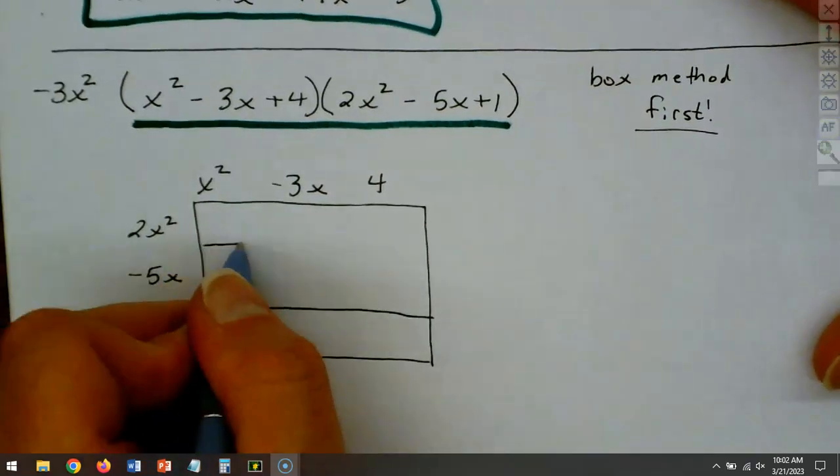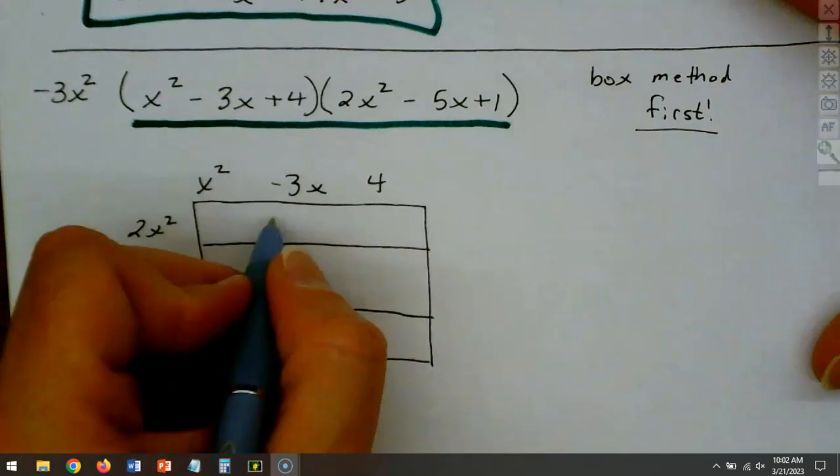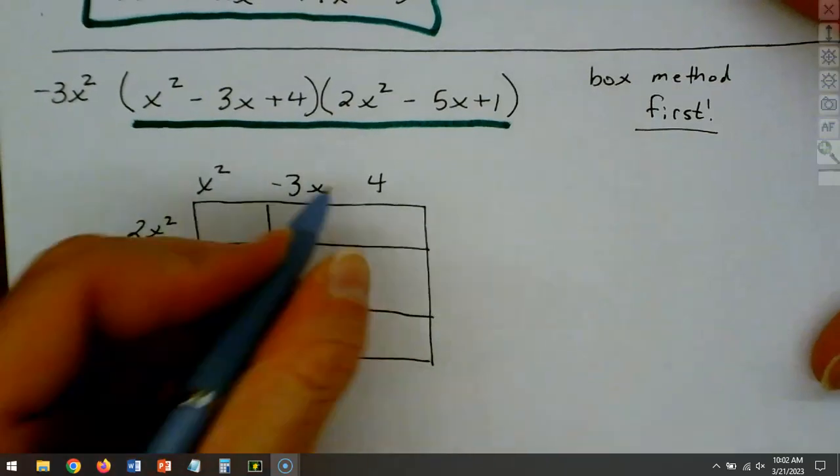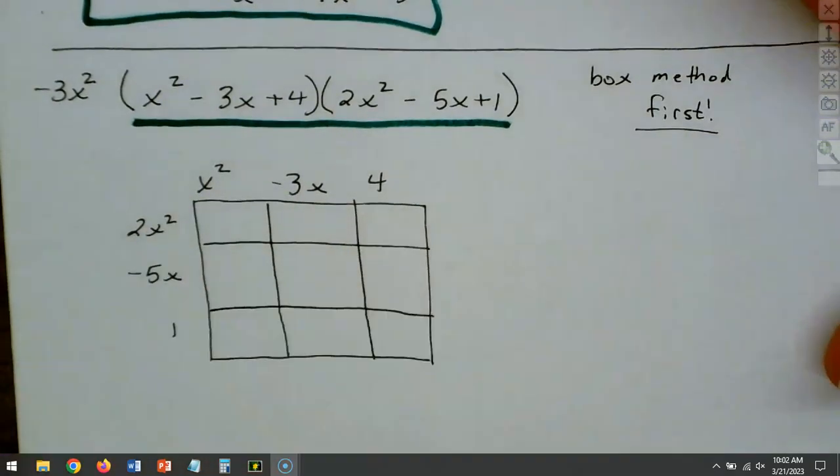That makes our grid here. A little bit time consuming, but it is not difficult at all.